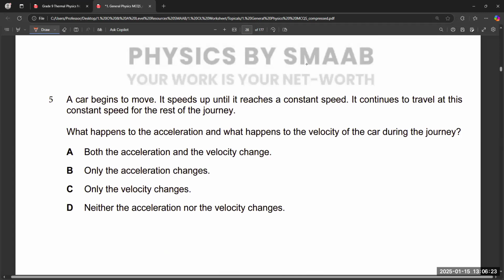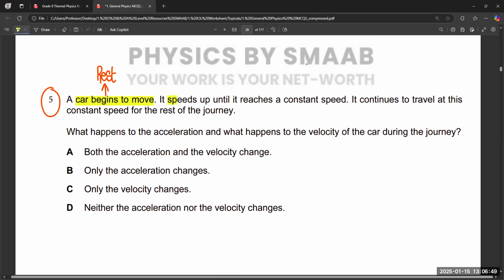Question number 5. A car begins to move. Begins means initially it starts from rest, right? So a car begins to move, it means the car is starting from rest. It speeds up until it reaches a constant speed.